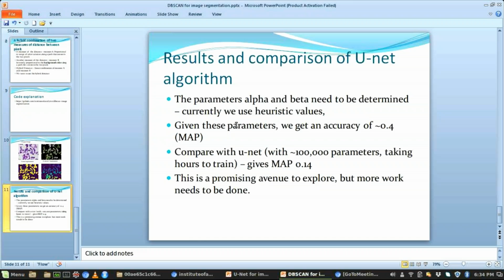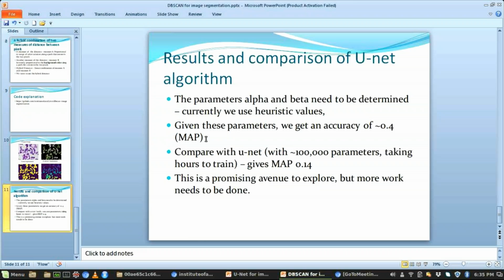This is a certain accuracy measure which the Kaggle competition is using. Comparing to the UNet, with around 100,000 parameters, that was giving a mean average precision of 0.14. And this is giving a much better mean average precision with far fewer parameters.